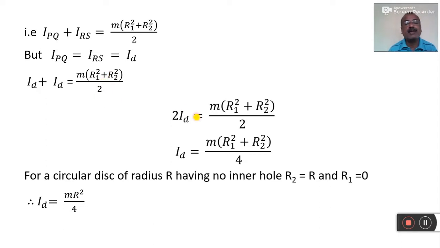That is 2 I_D is equal to m into R1 squared plus R2 squared divided by 2, so I_D is equal to m into R1 squared plus R2 squared divided by 4. For a circular disc of radius R having no inner hole, R2 is equal to R and R1 is equal to 0. I_D is equal to mR squared divided by 4.